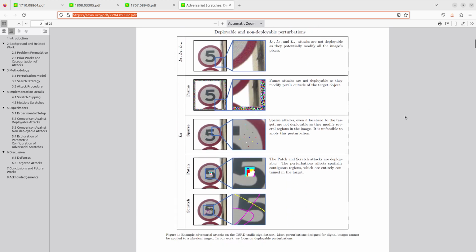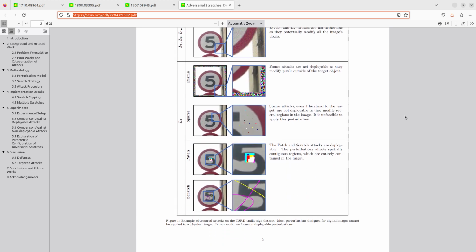And these guys do a bit of a run through the different types of attacks, which ones are deployable in real life and which ones are not. They, for example, speak about this sticker, the patch attack. This placing of stickers, they call it patch attack, and they also think about the possibility of scratching traffic signs, for example, to get classifiers to fail in their classification.